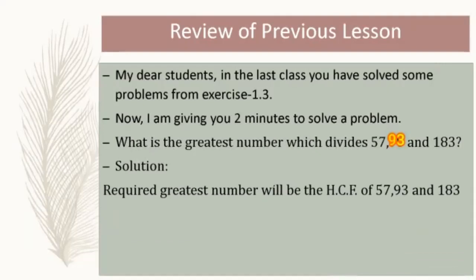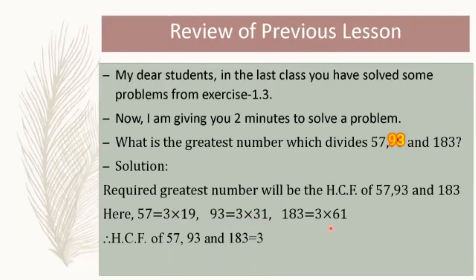The required greatest number will be the HCF of 57, 93 and 183. How can we get this? You can see here, 57 equals 3 multiplied by 19, and 93 equals 3 multiplied by 31, and 183 equals 3 multiplied by 61.